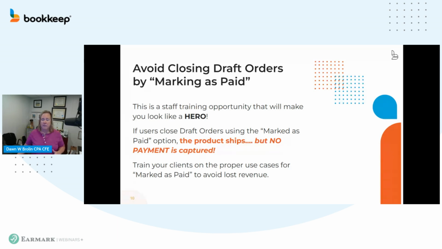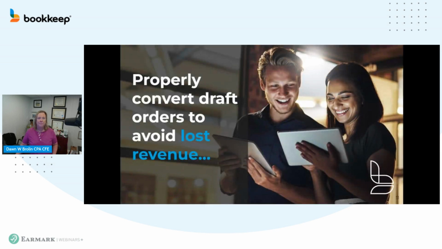All right, good. Again, great warnings for you all as we're going through here. Now here's another piece: properly converting draft orders to avoid lost revenue. We know when the order is paid for, or you set up a payment term, the draft order converts to an order and it's listed on your orders page. The key thing here is that the payment or the payment terms are added. This is where that happens, okay?